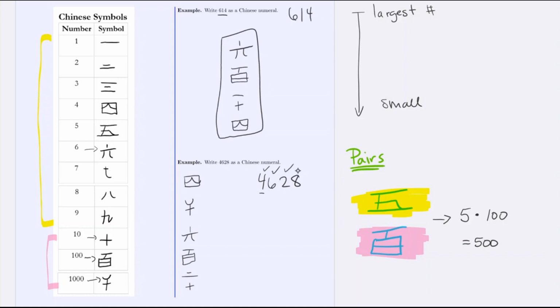And then 8, we know the ones position is just the one where we write the symbol, there's no pair attached to it. So for 8, it's just this symbol. Great. So we've got these pairs along with the ones place. This would be 4,628. And that's the exact right answer.